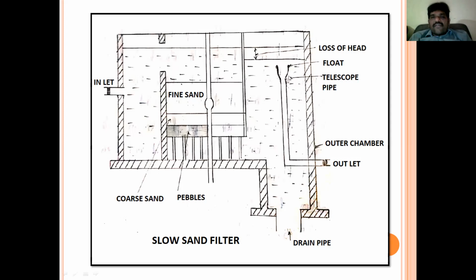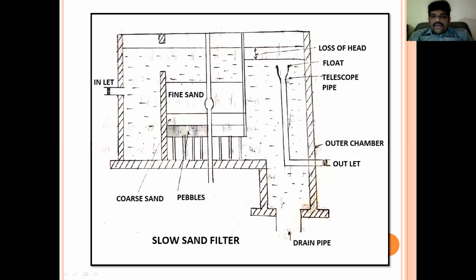When this loss of head is increasing, that means the filtered water is reducing. If the loss of head distance is increasing, from here to here, what does it mean? The filtered water ratio is decreasing.